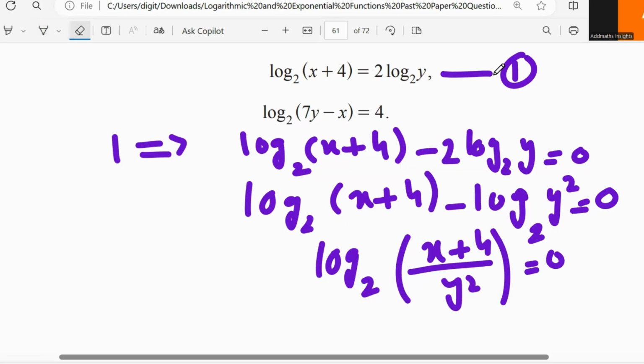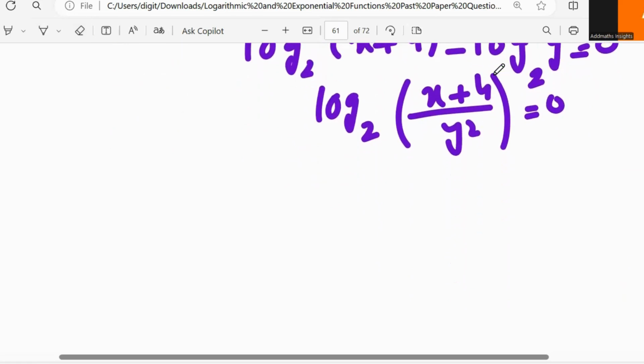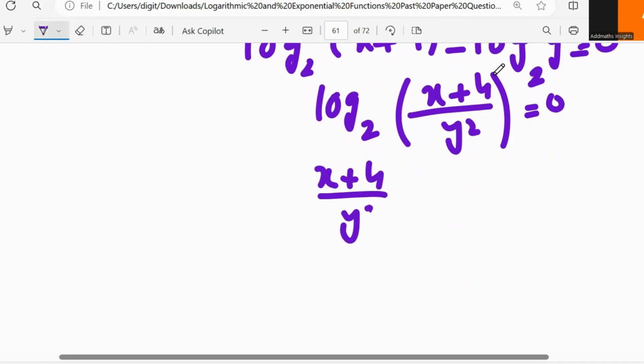Now you can change this into exponential form to remove the logarithm sign. And you can write 2 raised to power 0 is equal to (x+4) over y squared. 2 raised to power 0 is equal to 1.